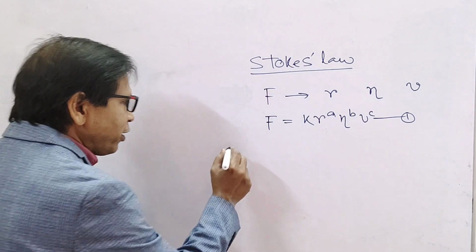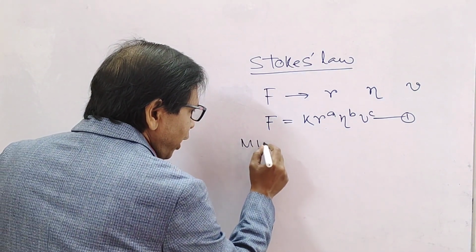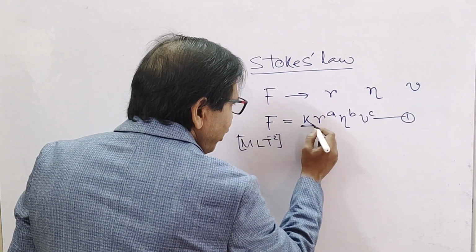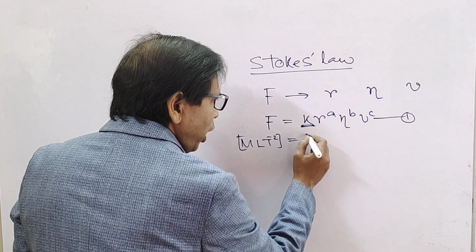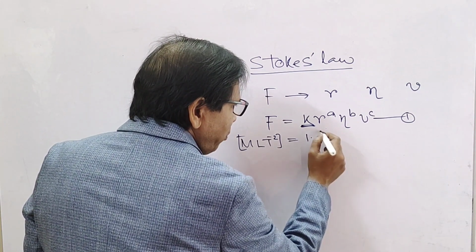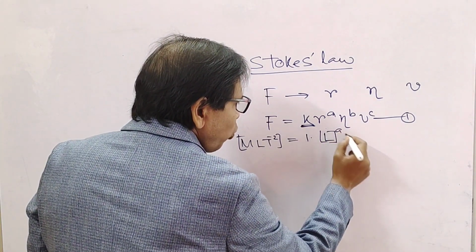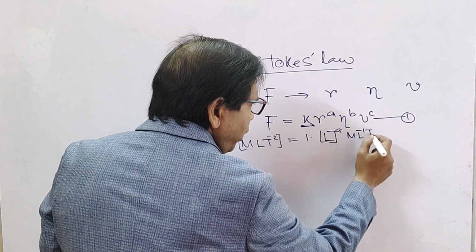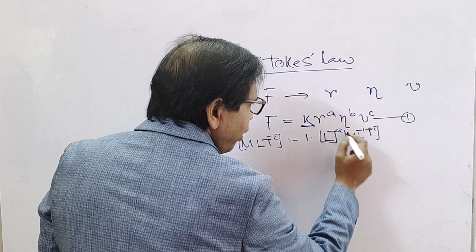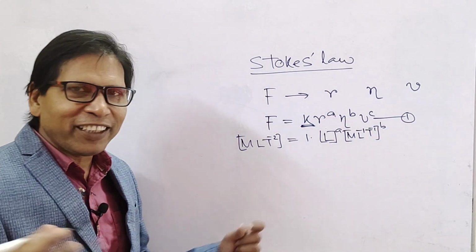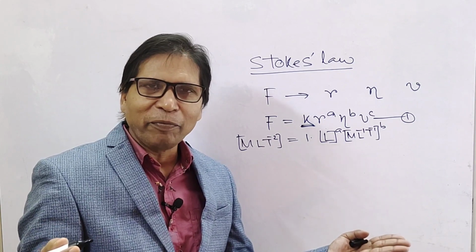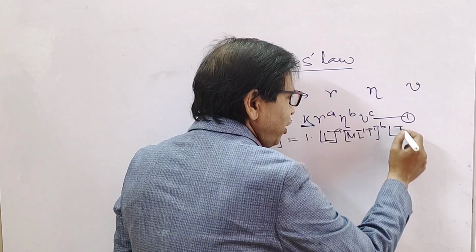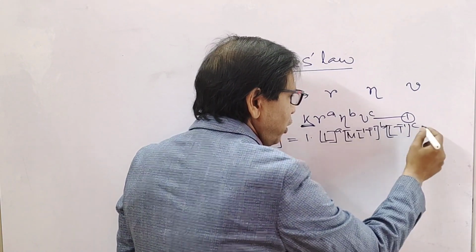Now look at this. What is the dimension of force? This is MLT minus 2. K is a dimensionless constant, so it has no dimension. Radius has dimension L, and coefficient of viscosity has dimension ML minus 1 T minus 1. What is the dimension of velocity? Displacement by time, so this is LT minus 1, and here LT minus 1 to the power c.